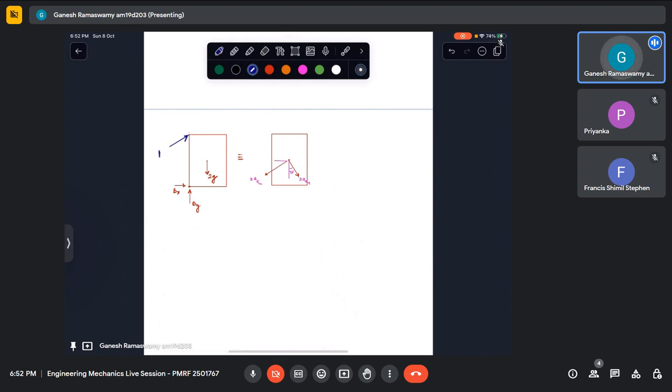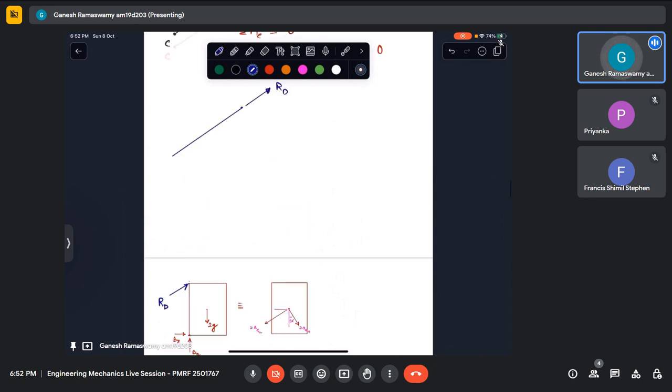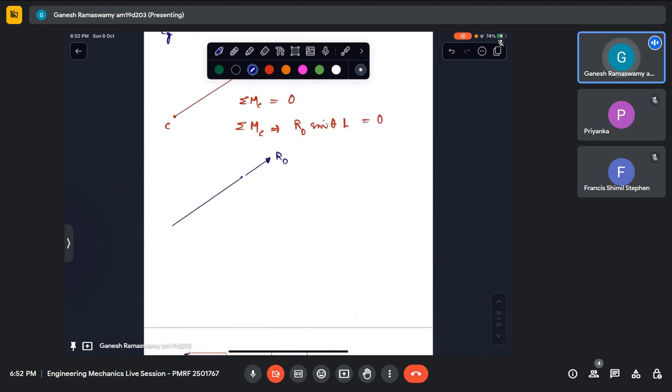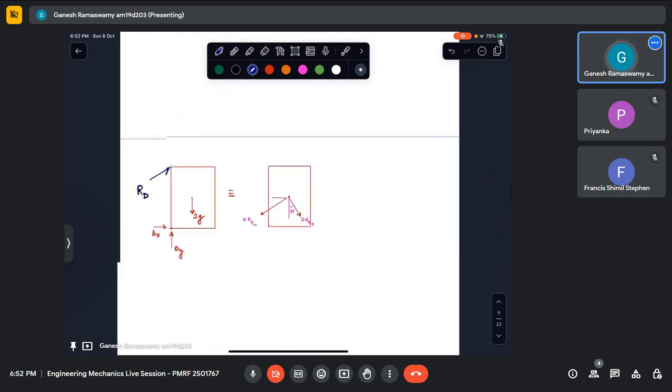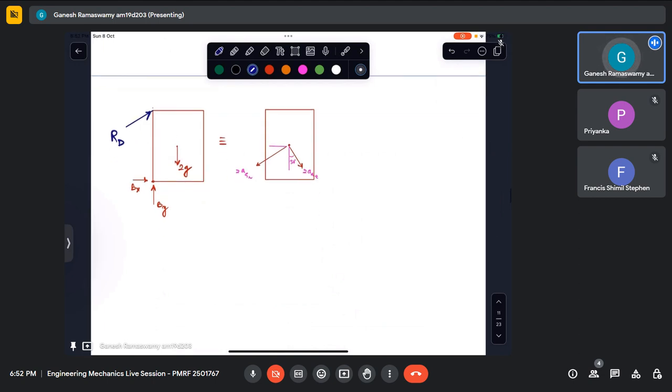It was like that. This is R_D. I should ensure that I do it in the opposite direction here. Okay. So now that this is done, all I need to do is apply the equations of motion. So I have the kinetic diagram, I have the free body diagram.